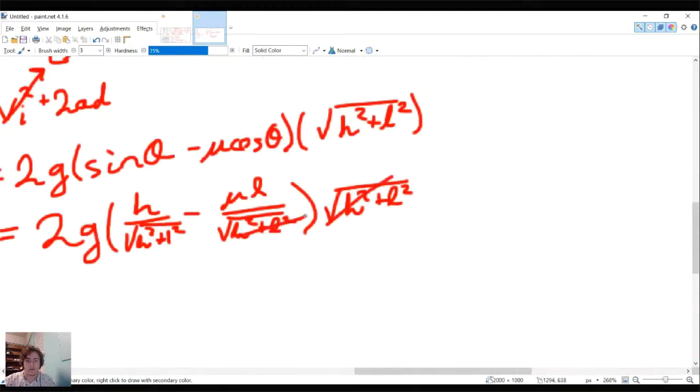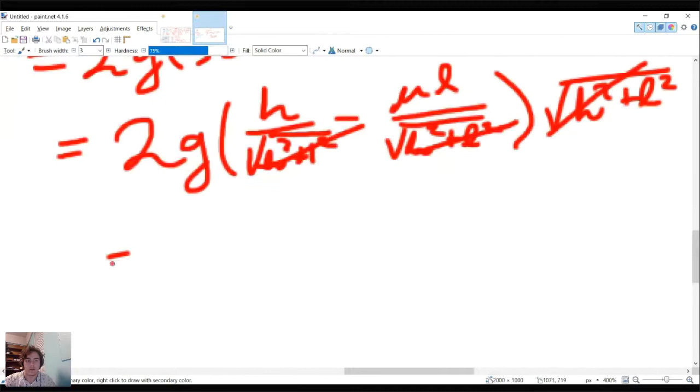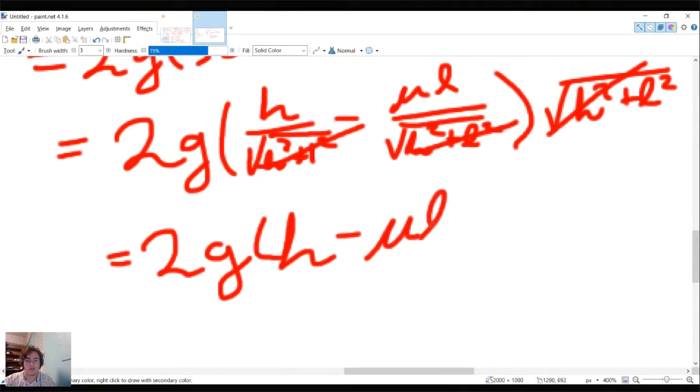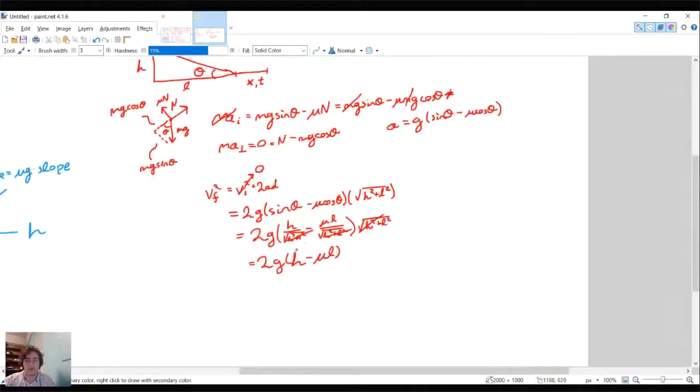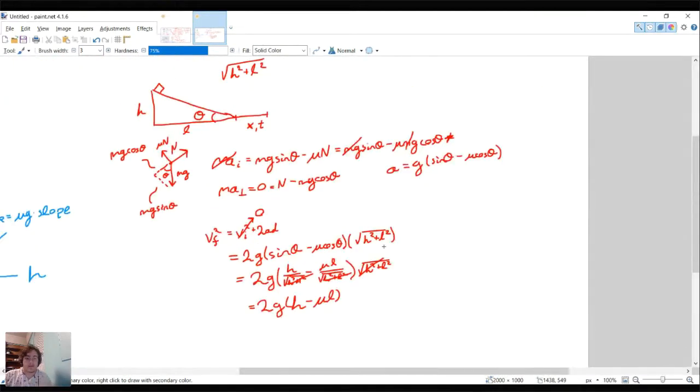So this square root and this square root cancel. So now you have 2g times h minus mu l, which I think is a much nicer expression than before.